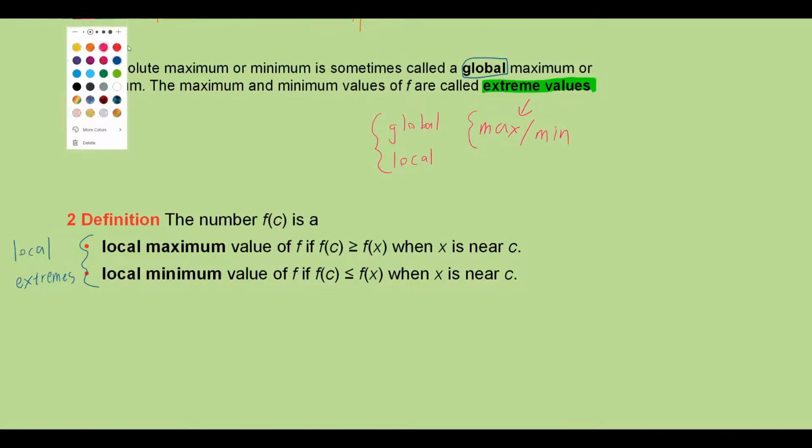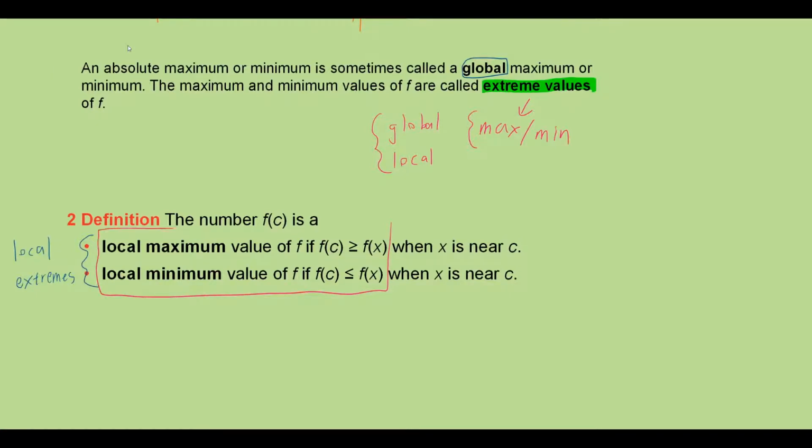Right, so up to this point, they are pretty much the same as a global maximum and minimum, right? You want to find a max value such that f of c is greater than or equal to, or less than or equal to, f of x.